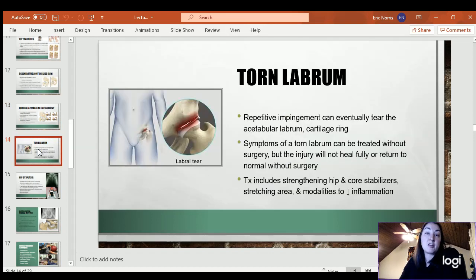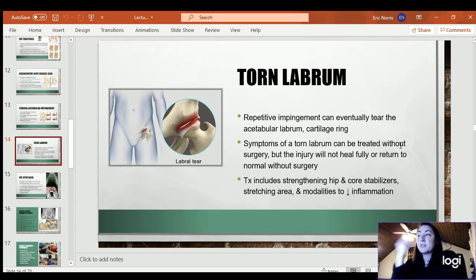So now we'll talk about a true labral tear. A torn labrum typically happens from repetitive impingement. And the labrum, of course, is the cartilage ring that surrounds the inside of the acetabulum. The symptoms can be treated without surgery, but it's not really going to fully return to baseline without surgery, unless it's just inflammation of the labrum or inflammation in the area.